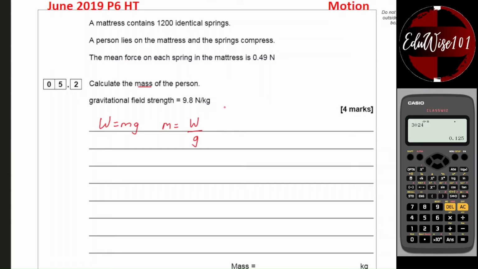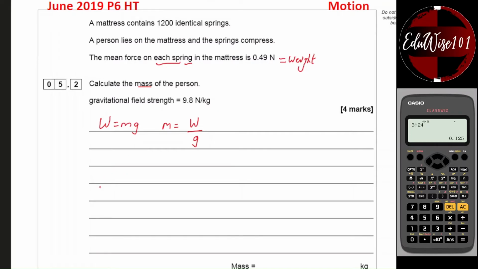Now, weight is also equal to the force because they both share the same unit of Newton. So that's the weight experienced by each spring. So you have 1,200 identical springs.